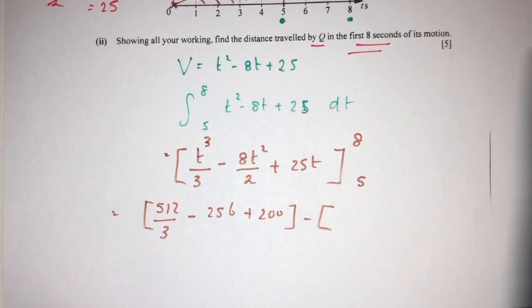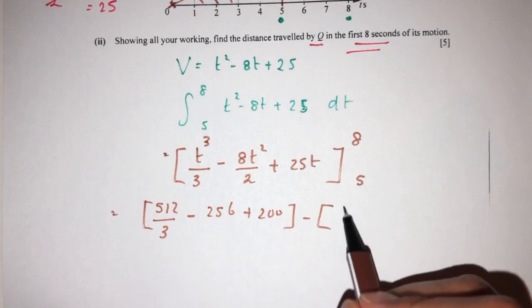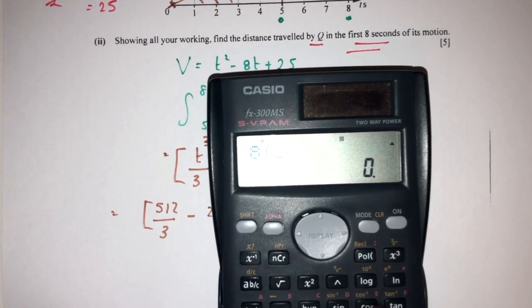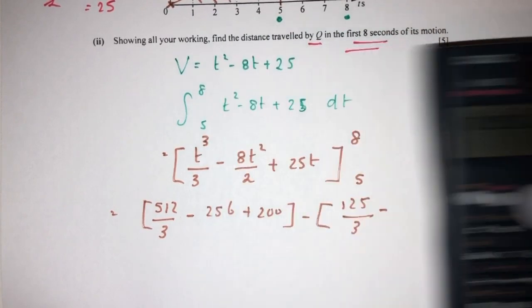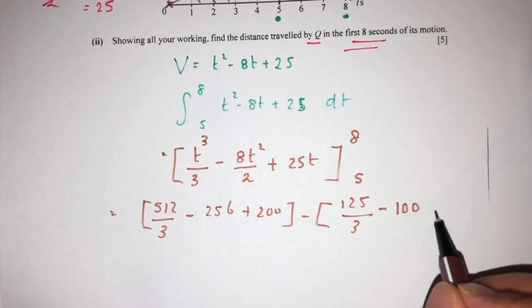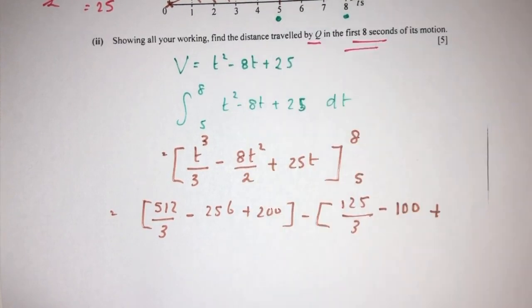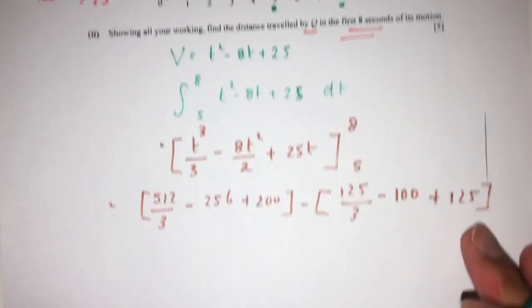Minus the value at 5 now, so 5 to the power 3 divided by 3, that will be 125 over 3, minus 8 times 25, because it is t squared over 2, that will be 100, and plus the value of, what is 25 times 5? Should be 125. So here you go. 125 for this value. One by one, never rush.